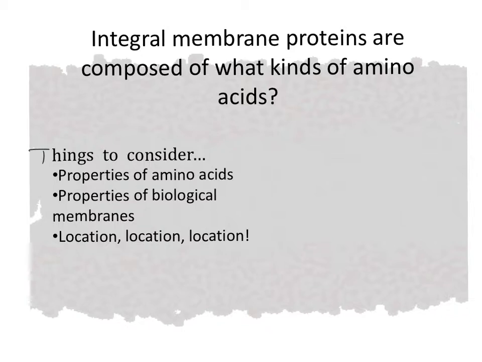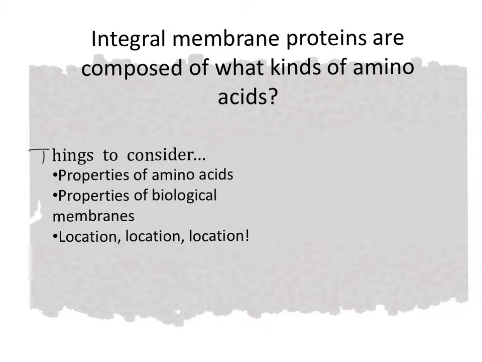Okay, so kind of changing here a little bit. All of this has to do with integral proteins. Now we're going to start thinking about the properties of an integral protein and how they exist. We can wax philosophical right now. So, what kinds of amino acids make up an integral protein? What we have to think about are the properties of the amino acids themselves.